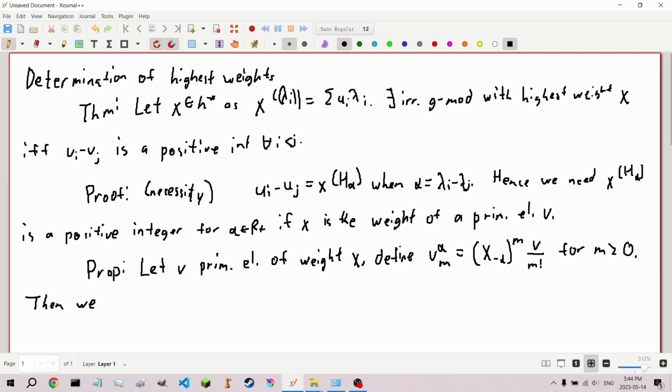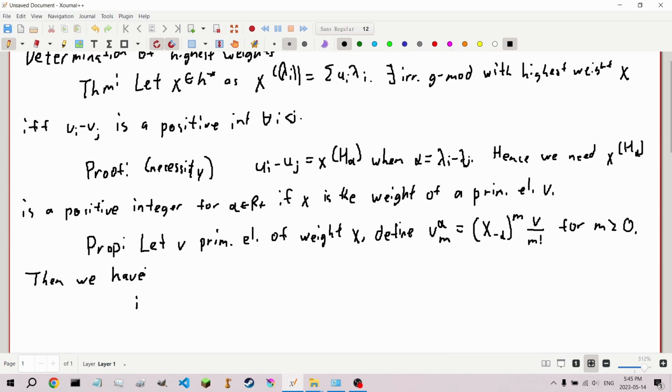Then we have the following. First off, x_negative-alpha V_alpha,m is equal to (m plus 1) V_alpha,m+1.